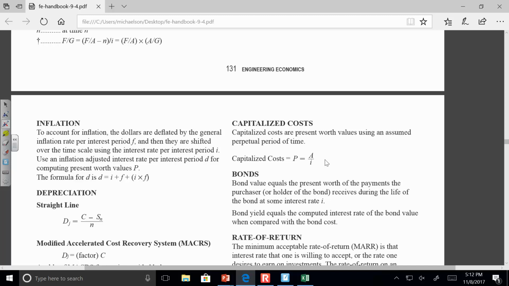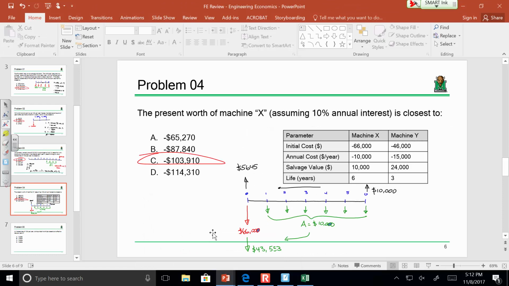What I'm saying is a capitalized cost is basically saying, if I look at these two machines, it's kind of hard to compare machine X to machine Y because this machine will last longer. Imagine I have an operation that's going to run forever. Every 6 years I'm going to have to buy another machine X, but every 3 years I'm going to have to buy another machine Y. This machine may have a cheaper present worth, but it's only going to last for 3 years.